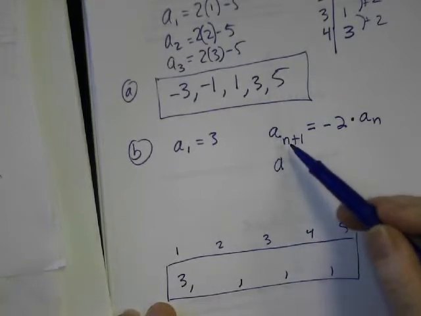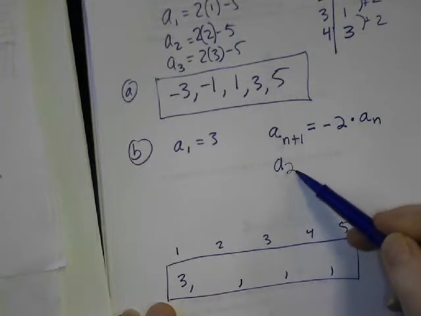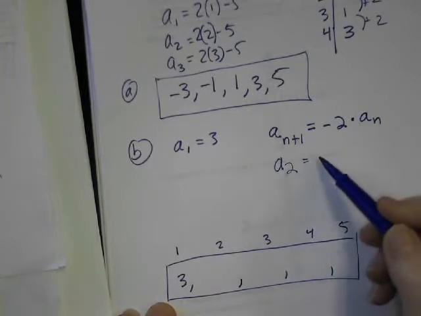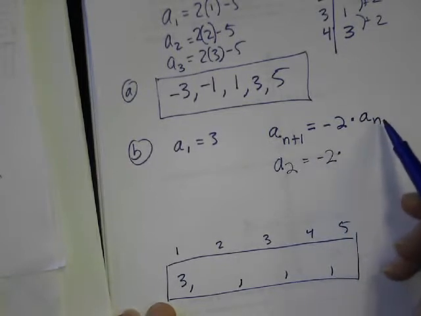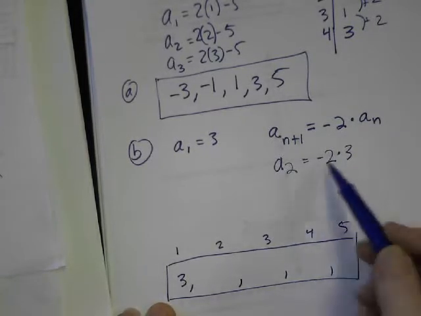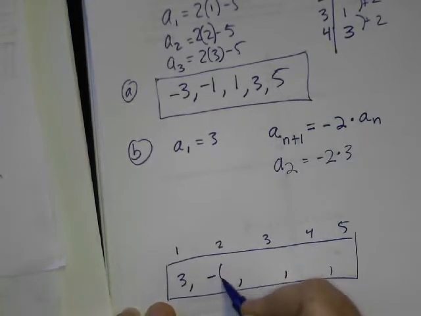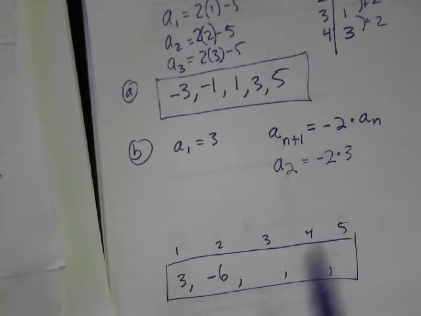If I have the first term, which is a of 1, then if I plug a 1 in there, I'd have a of 1 plus 1. If I want a of 2, then I'm just going to go -2 times a of 1. What was a sub 1? 3? And that's going to give me negative 6. So what this is saying is that whatever the term is before it, like how do I get to the third term?